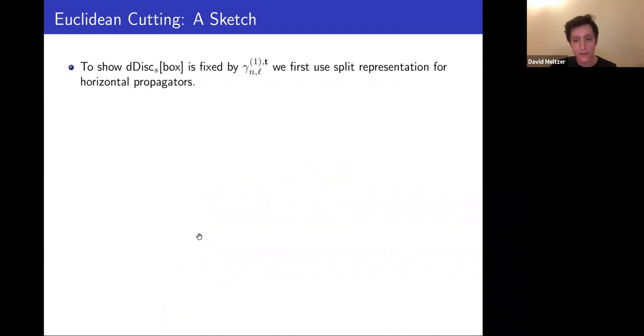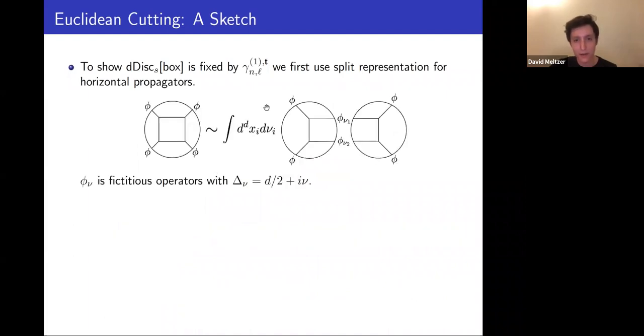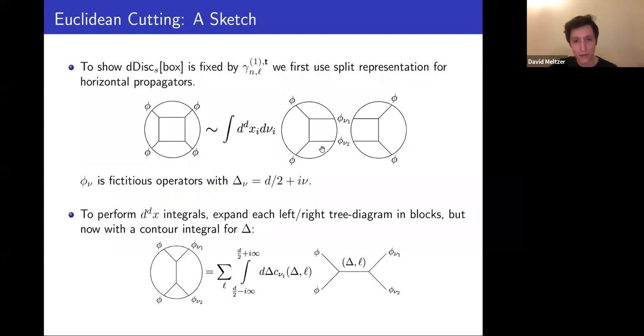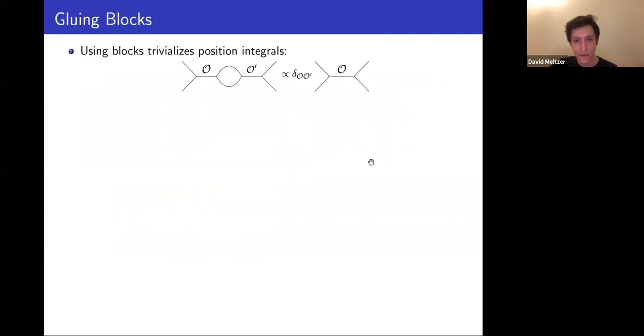So the idea is I can use my split representation on these two propagators. I get two tree graphs. I plug in the block expansion for each one. The gluing of blocks is very trivial.